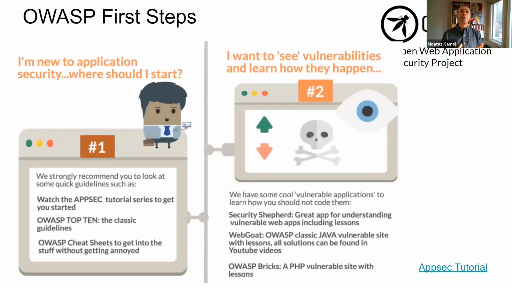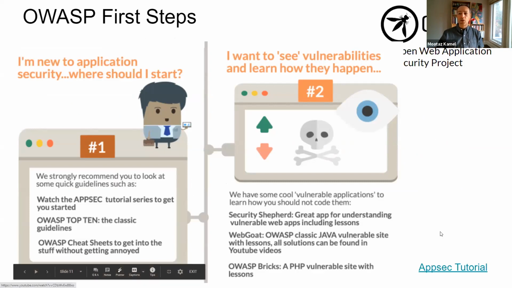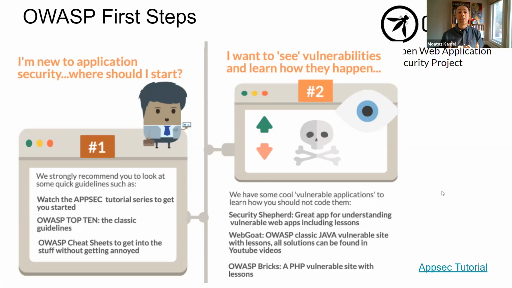It says, if I'm new to application security, where should I start? It says, watch the AppSec tutorial series. I put a link here to that series. It's a series of YouTube videos, which is really helpful to give you a foundation in application security and talks about some of the top flaws.